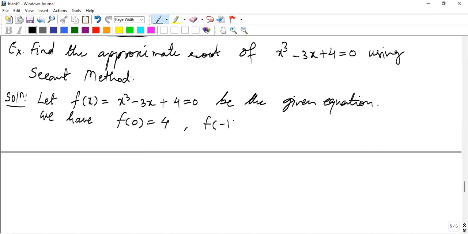What happens to f of minus 1? Because this is positive, I'm going back. So f of minus 1, it will not be 0, no? Yes, sir. It will not be 0. So it will be minus 1 plus 3 and plus 4. So it is going to be 6. What will be f of minus 2?